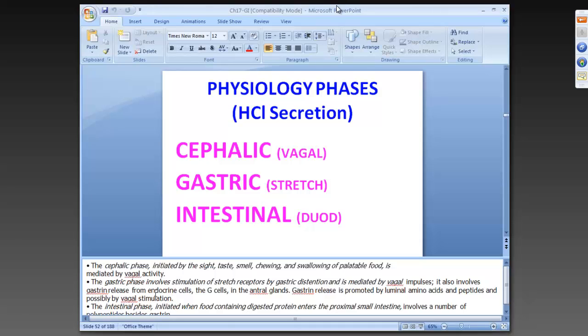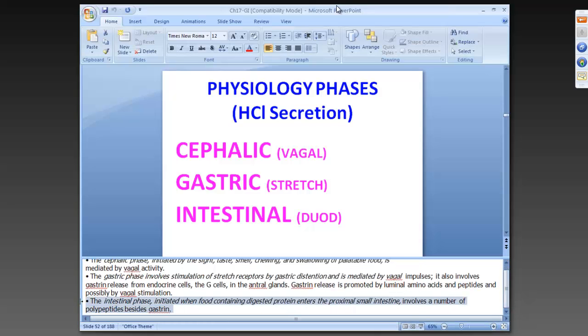And then the gastric phase, which involves the stimulation of stretch receptors by gastric distension and is mediated by vagal impulses. It also involves the release of gastrin from the endocrine G cells of the antral glands, with gastrin release promoted by amino acids, peptides, and most likely vagal stimulation too, right?